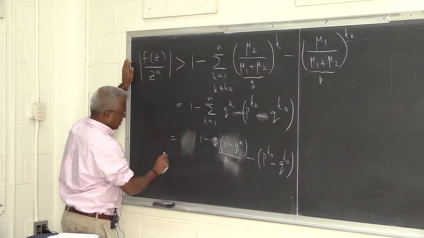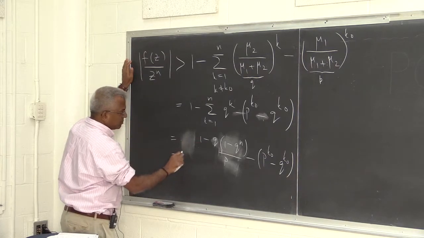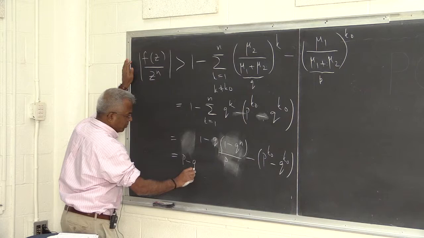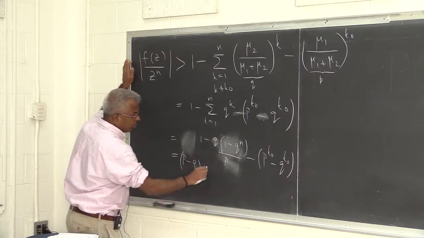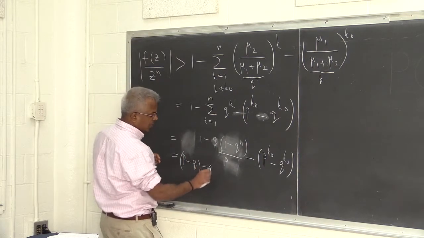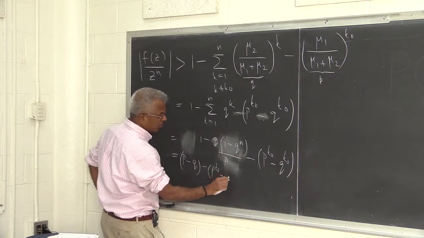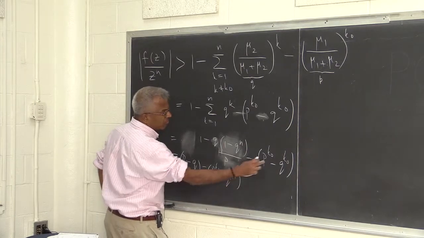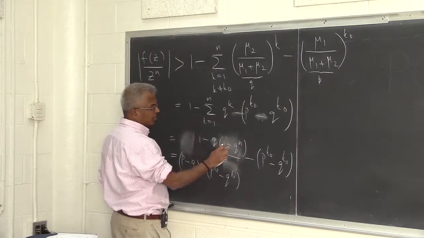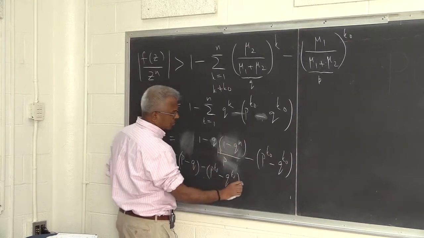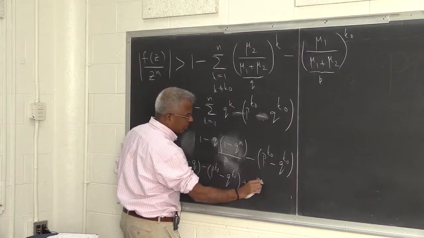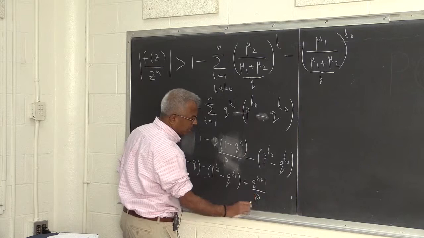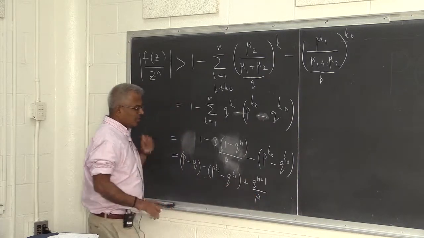So if I expand this up, if I include this p here, this reads now p minus q minus p^k0 minus q^k0, and from here, minus minus plus, so this is q to the power n plus 1 over p. In any case, this is positive.